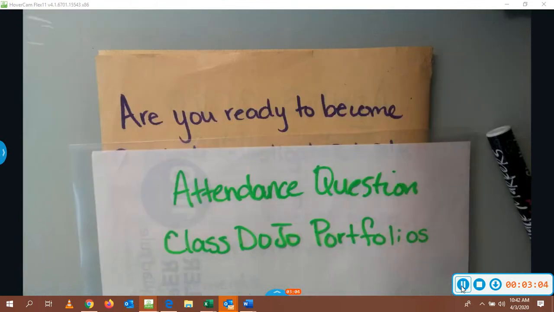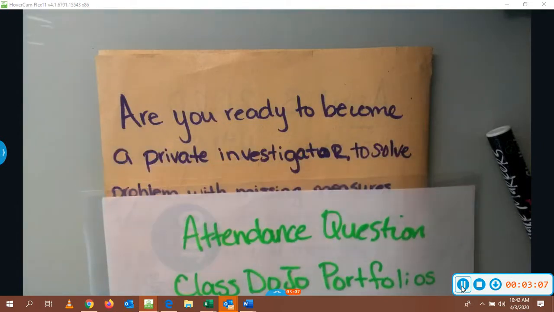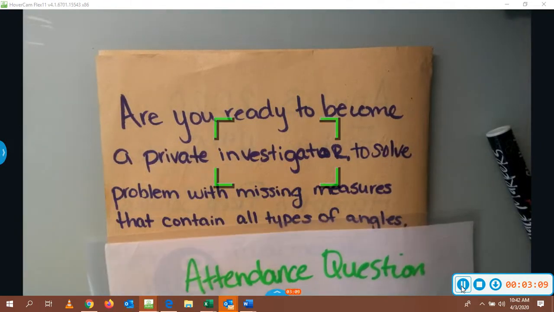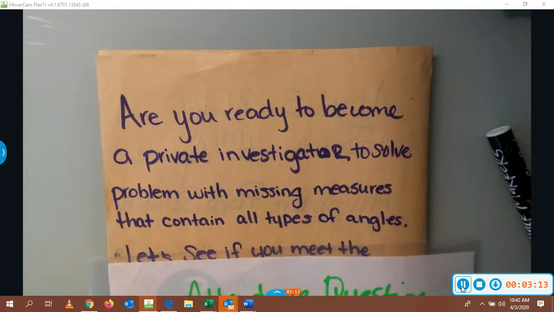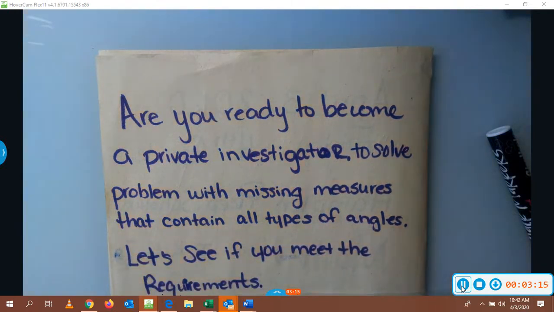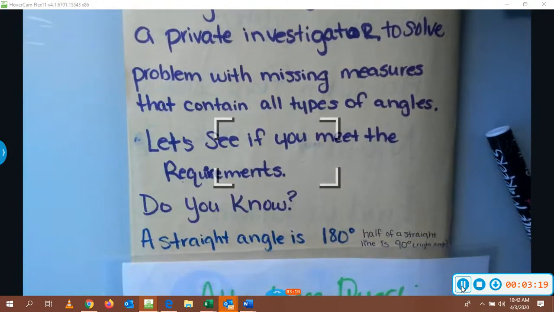Are you ready to become a private investigator to solve problems with missing measures that contain all types of angles? Let's see if you meet the requirements. Do you know a straight angle is 180 degrees and half of that straight angle is 90 degrees, which measures a right angle?